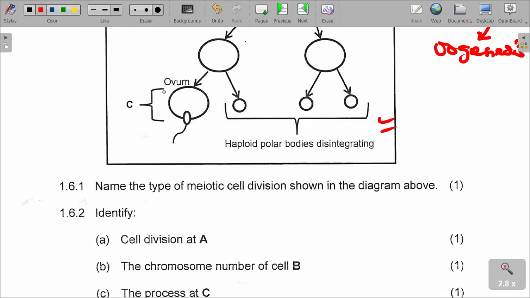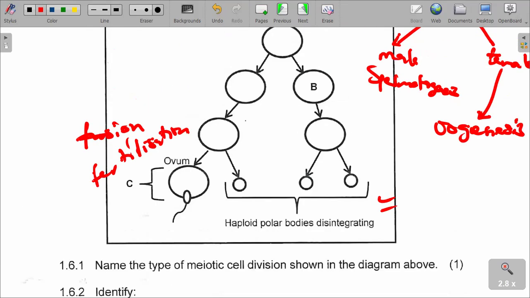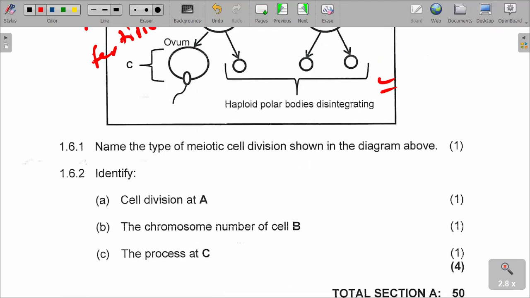And then we have fertilization taking place, where fusion is occurring. When fusion is occurring, we see the egg and the sperm cell fusing together. So we see fertilization taking place. Now, name the type of meiotic cell division shown in the diagram above.